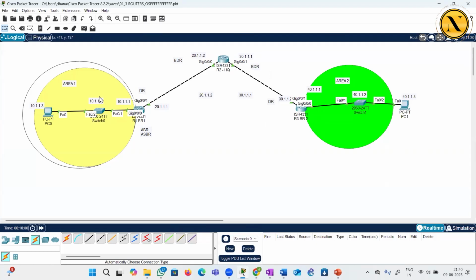But here, two static routes. IP route 10.1.1.0, 255.255.255.0, and next hop is 21.1. One more. IP route 41.1.0 subnet, 255.255.255.0, and next hop is 31.2. Is this clear? So now you can practice, Aditya and Megha, static routing and default routing, both labs.